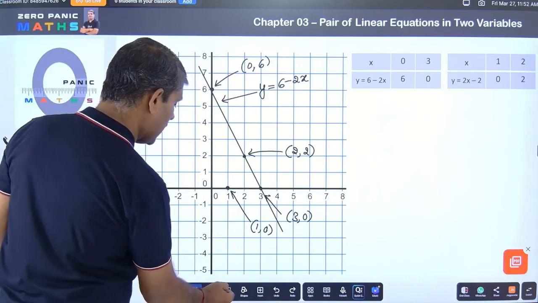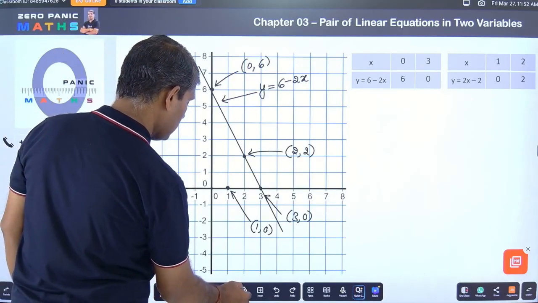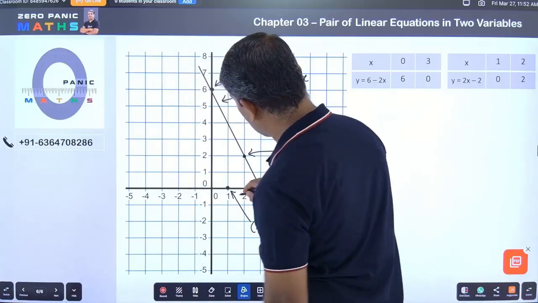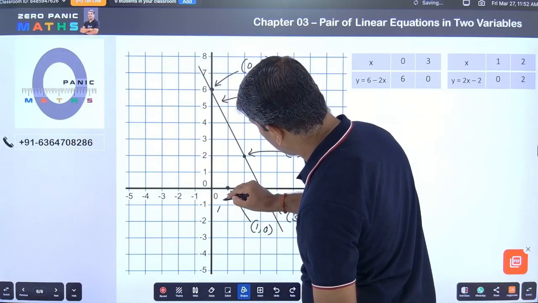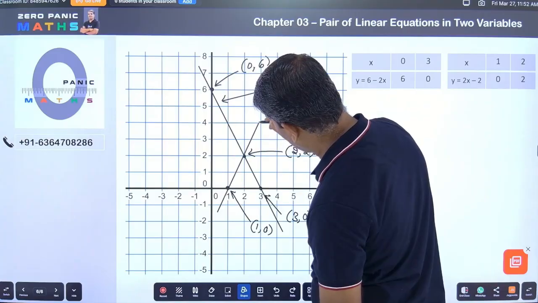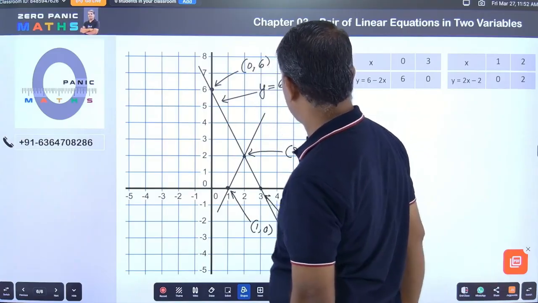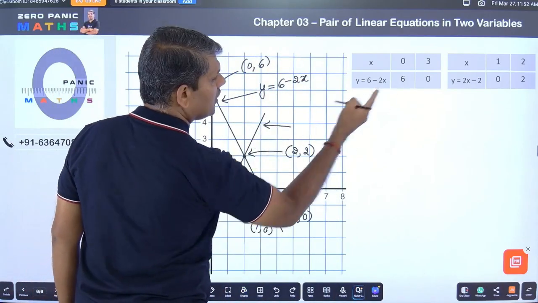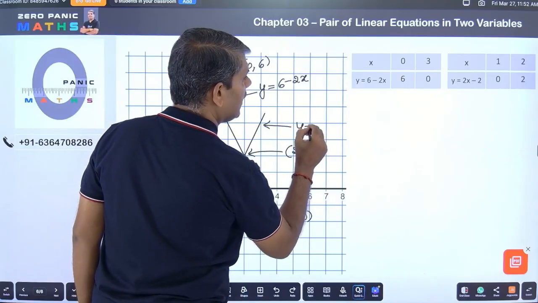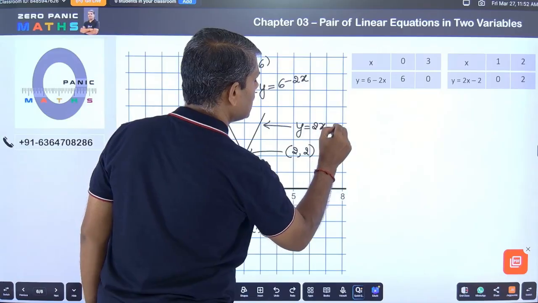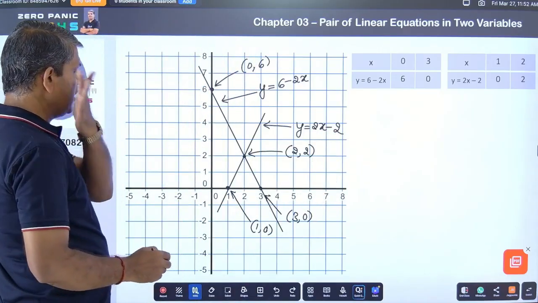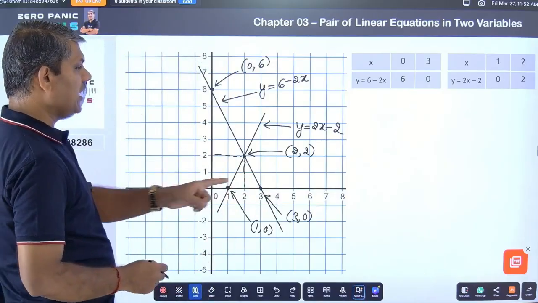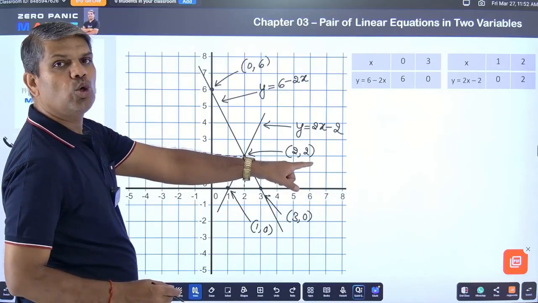Okay, let me draw that line. And what is this line? This line is the second line, y is equal to 2x minus 2 for us. So the lines are intersecting at a common point 2 2.